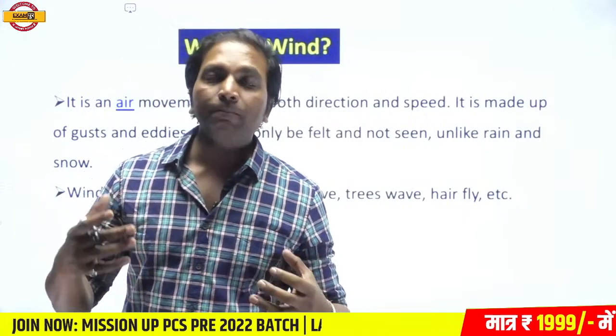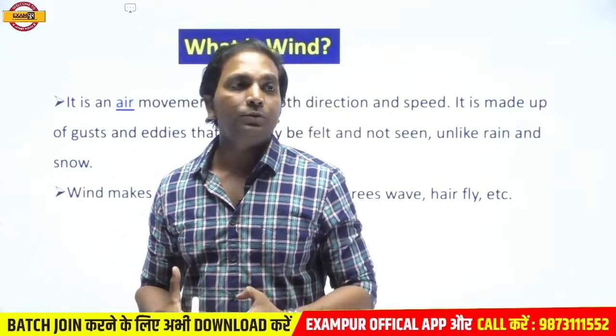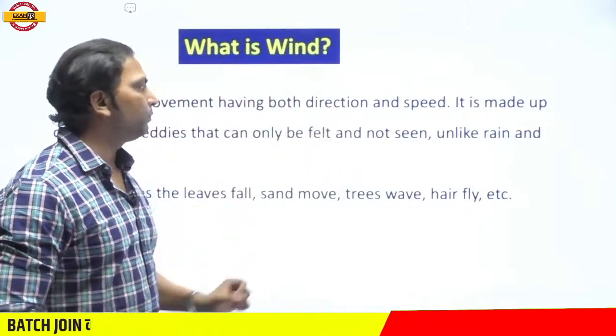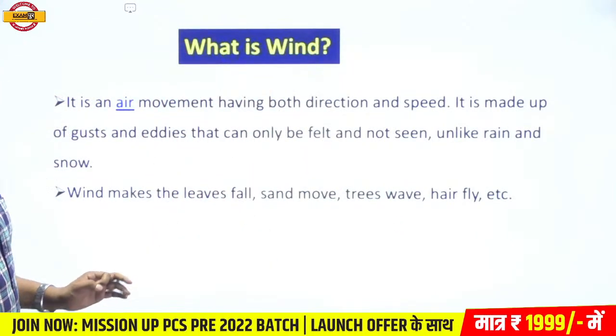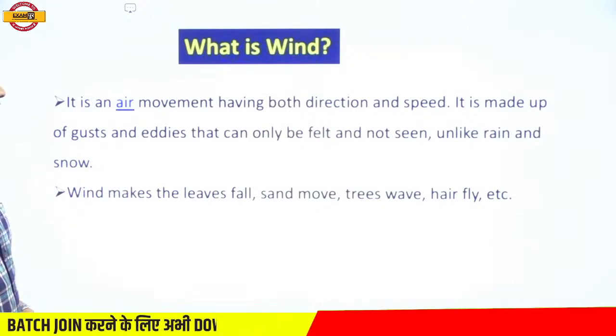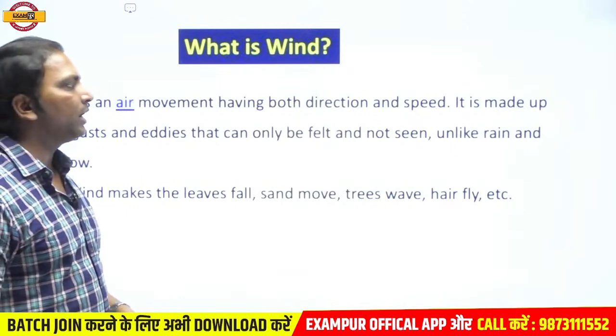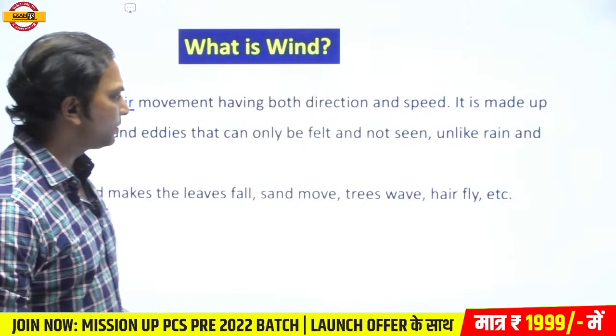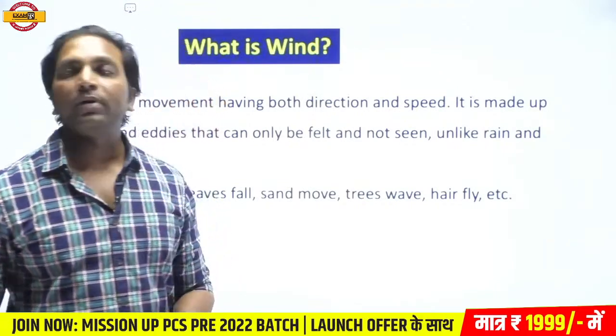You can feel the waves, you can feel the sounds created by the winds. Unlike rain and snow, wind makes the leaves fall, sand move, trees wave, hair fly, etc.